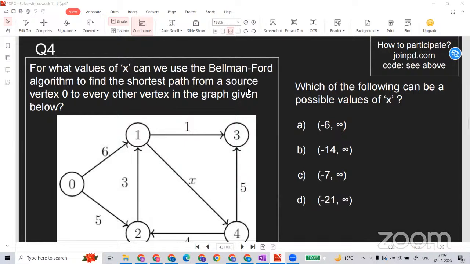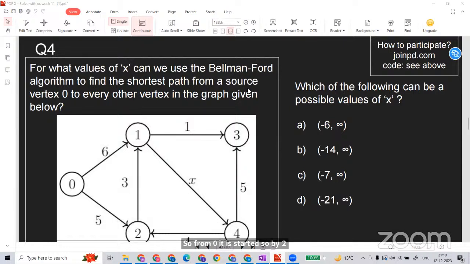What will be the value of x? So from 0 it started.